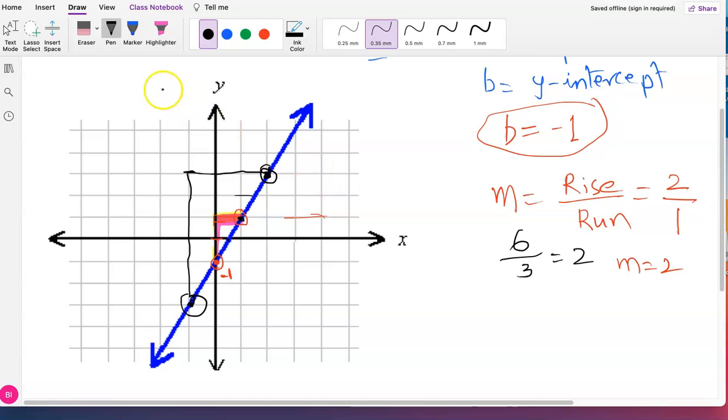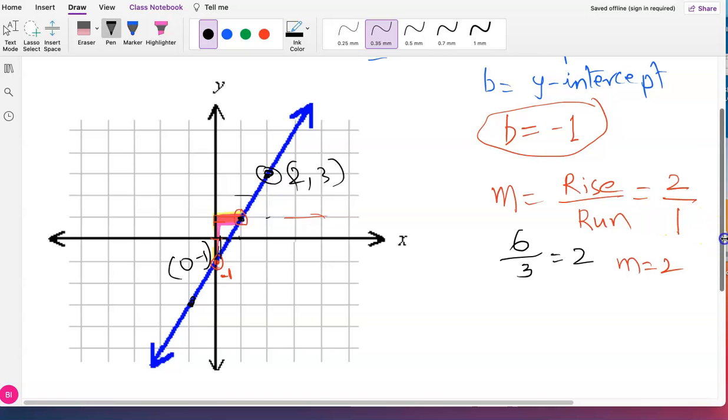Now let me also show you with the 2 points. Select any 2 points from this line. One, this is convenient. Let me take x value 2 and the y value 1, 2, 3. You know the x coordinate here is 2 and the y coordinate is 3. And take a point here. Let us take this y-intercept only. In this point, x is 0 and y is negative 1.